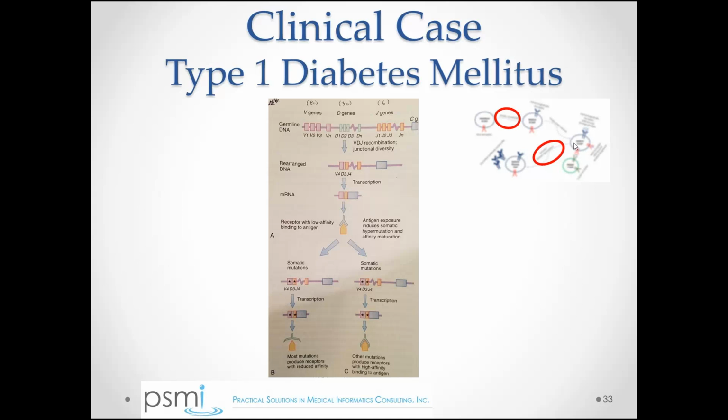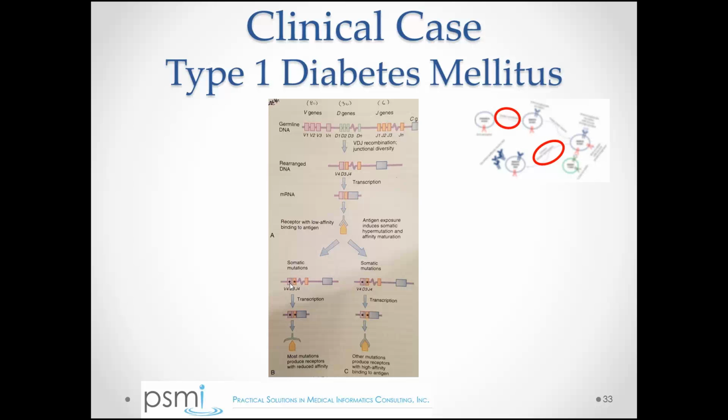When the mature B cell encounters a foreign protein, and is able to present that protein to the T helper cell, and then is activated by that T helper cell, the mature B cell undergoes a process of somatic hypermutation. In that process, the genes in that particular B cell are deliberately mutated.